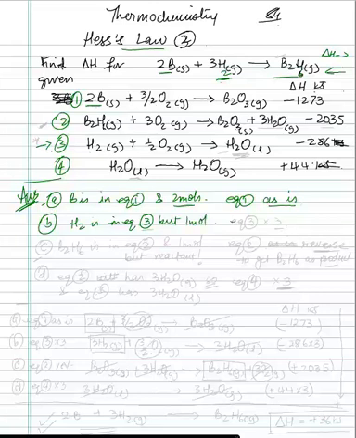So which means that we will take equation 3 and multiply it by 3. Okay, that's what we need to do. So then we will have 3 moles of hydrogen. Now remember, you multiply the entire equation by 3, not just the hydrogen, but also oxygen and then the water also. So everything else is multiplied, and of course the delta H value. So everything is getting multiplied by 3. Okay, but this is just our strategy right now.